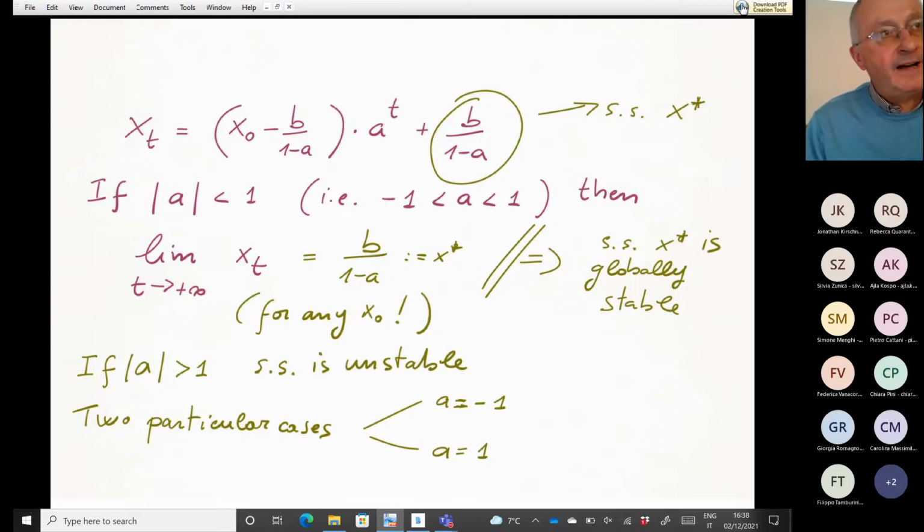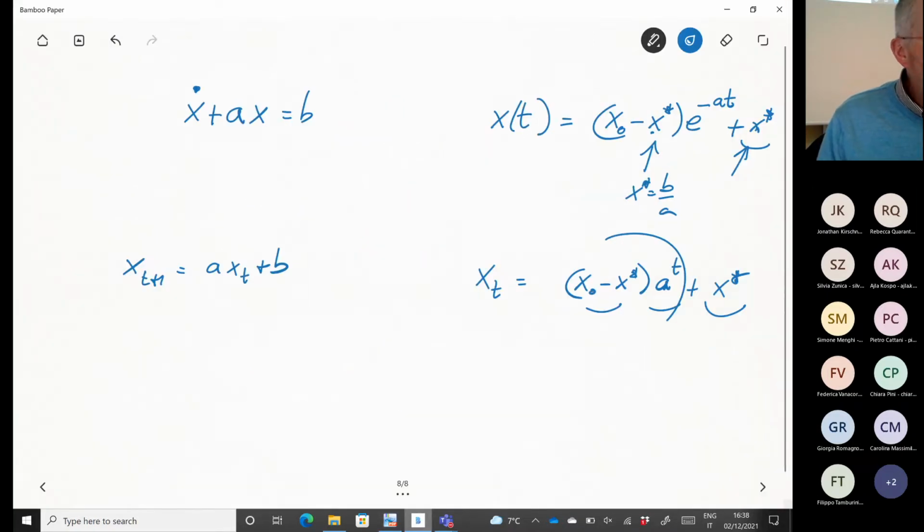It will be amplified in the long run. There are two particular cases left when a is equal to minus 1 or is equal to 1. But before showing these cases, I want to show you another example with a negative a.